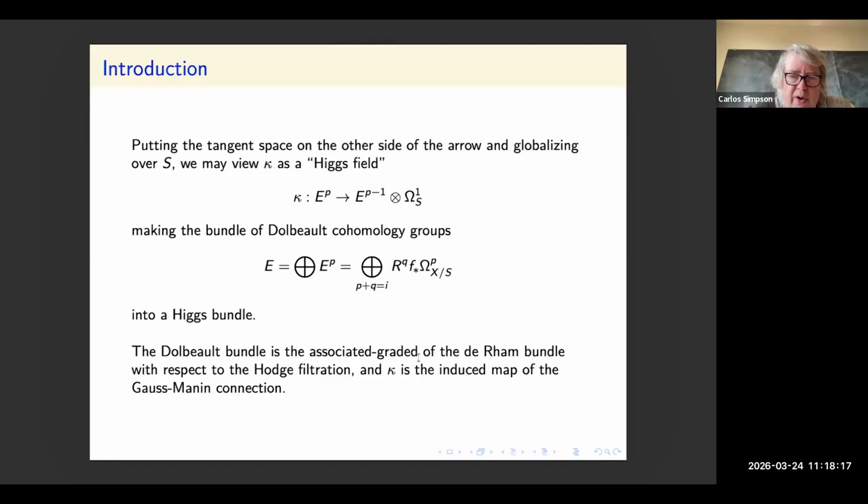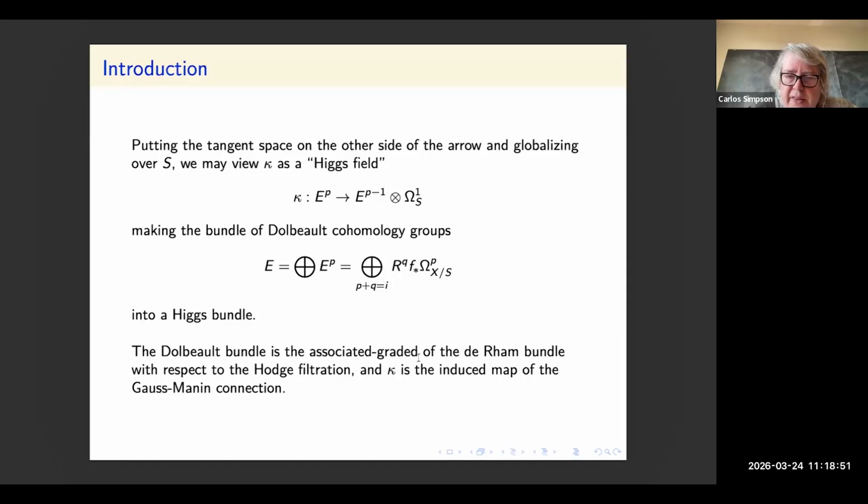This is, you might say, one of the first examples of Higgs bundles, although it wasn't recognized as such, from a very long time ago, from Spencer's and Griffiths' contributions to the theory of variations of Hodge structure. Historically, it also appeared pretty explicitly in Steve Zucker's paper about L2 cohomology, which came itself from some letters from Deligne to Steve Zucker.